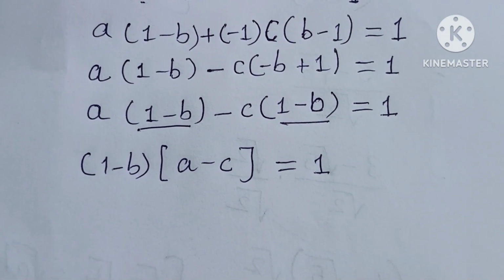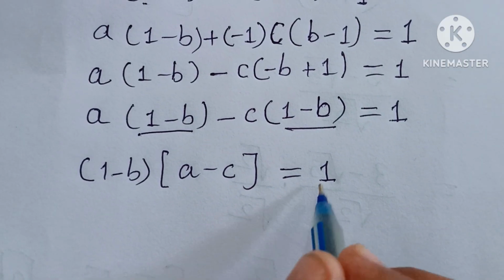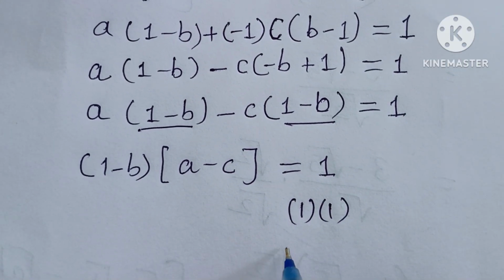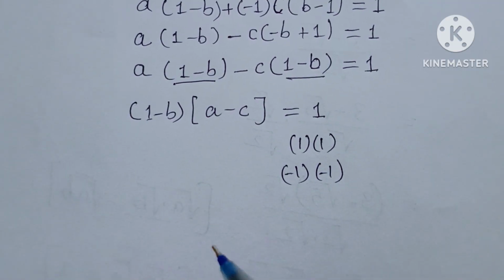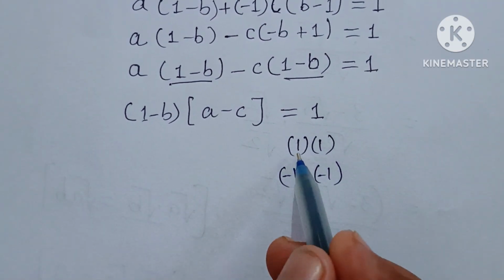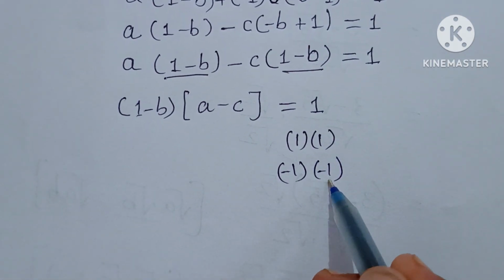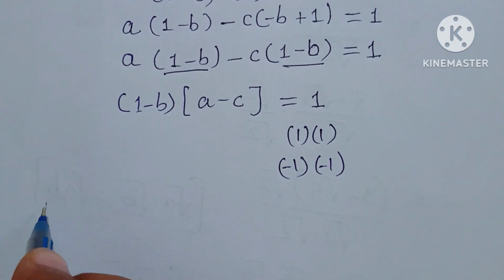Here, two factors of 1 are: 1 into 1 equal to 1, and minus 1 into minus 1 is equal to 1. So we will get here two parts.